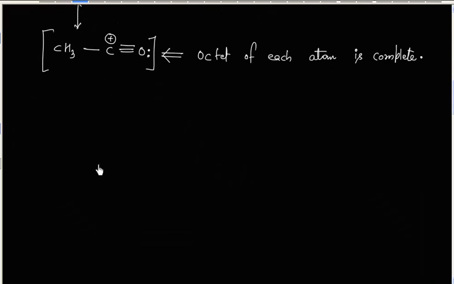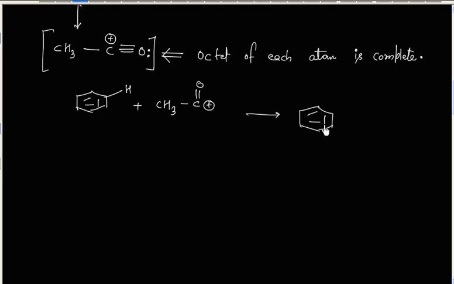So now this acylinium ion will react with benzene, and this is simple electrophilic aromatic substitution. A hydrogen will be replaced by CH3CO group. So this reaction is simple electrophilic aromatic substitution.